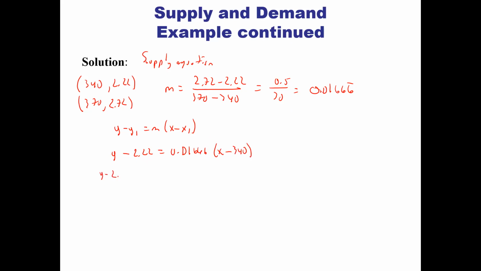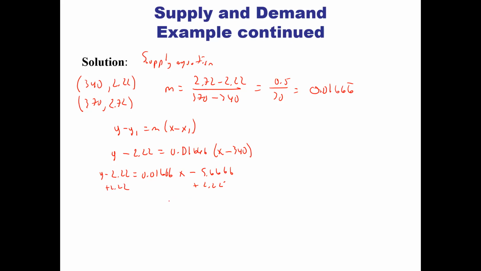So we have y minus 2.22 equals 0.01666x, and then minus that number times 340, which gives 5.6666. Now if we add 2.22, we get 3.44.